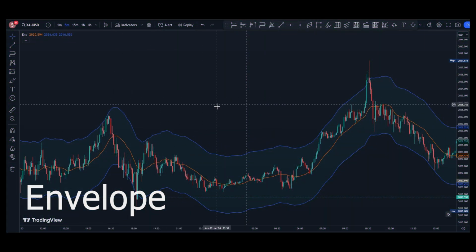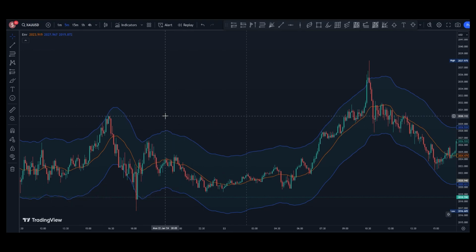An envelope indicator is a technical analysis tool that consists of two bands that surround the price action of financial instruments. The bands are usually based on a moving average and a fixed percentage above and below it. Envelope indicator can help traders identify trends, overbought and oversold conditions, and potential reversal points.